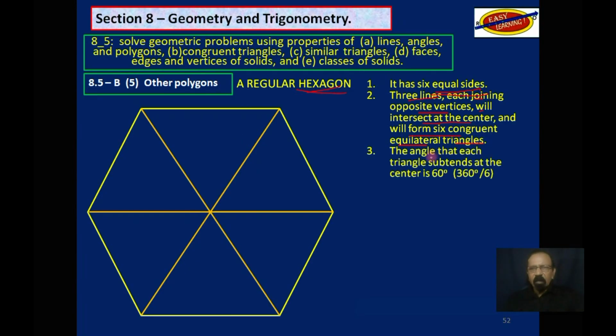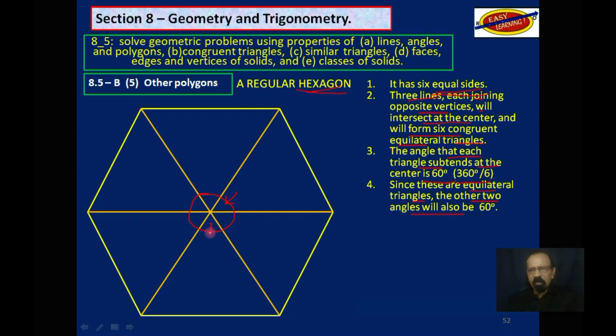The angle that each triangle subtends at its center is 60 degrees. Angles at a point add up to 360. Divide by 6 such angles and each one will of course be 60. Now, since these are equilateral triangles, the other 2 angles are also 60 degrees.